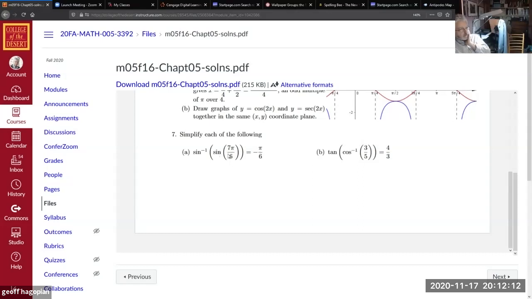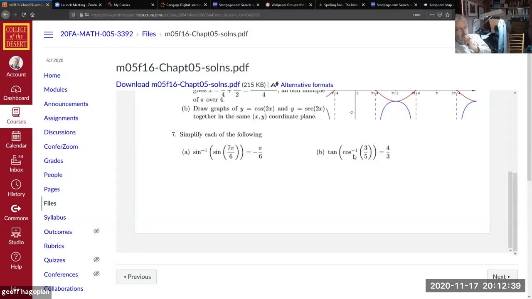Where the sine has got to be negative, right? The sine of 7 pi over 6 is negative 1/2. The arc that will take you to a y coordinate of negative 1/2 that's in the range of the inverse sine function is negative pi over 6. So that's a little confusing, right? It looks like the function and the inverse function should undo one another. Not in this case, right?